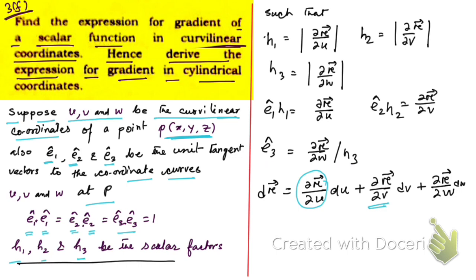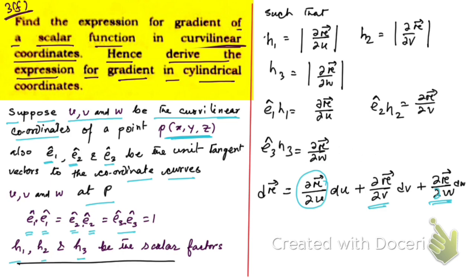Similarly, from here we can obtain this, that is del w of dr. That is what we can do here. We can write del w of r, which is equal to e3 cap into h3, right?